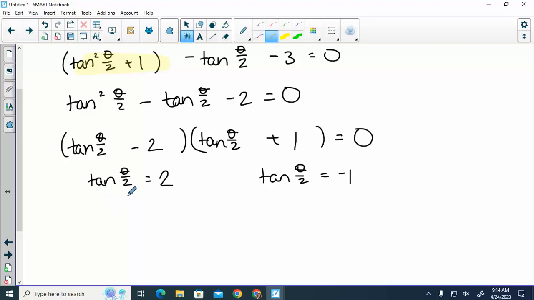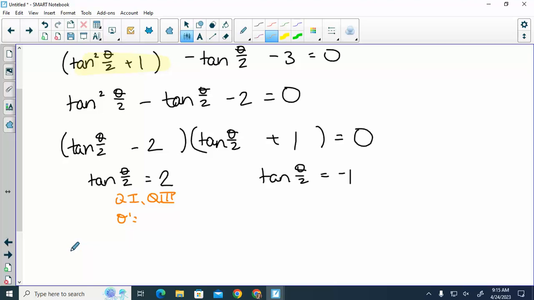Tangent theta over 2 equals 2. In what quadrants is tangent positive? 1 and 3. Reference angle. Do we know when tangent is equal to 2? No. So we need a calculator. We need to be in degree mode.